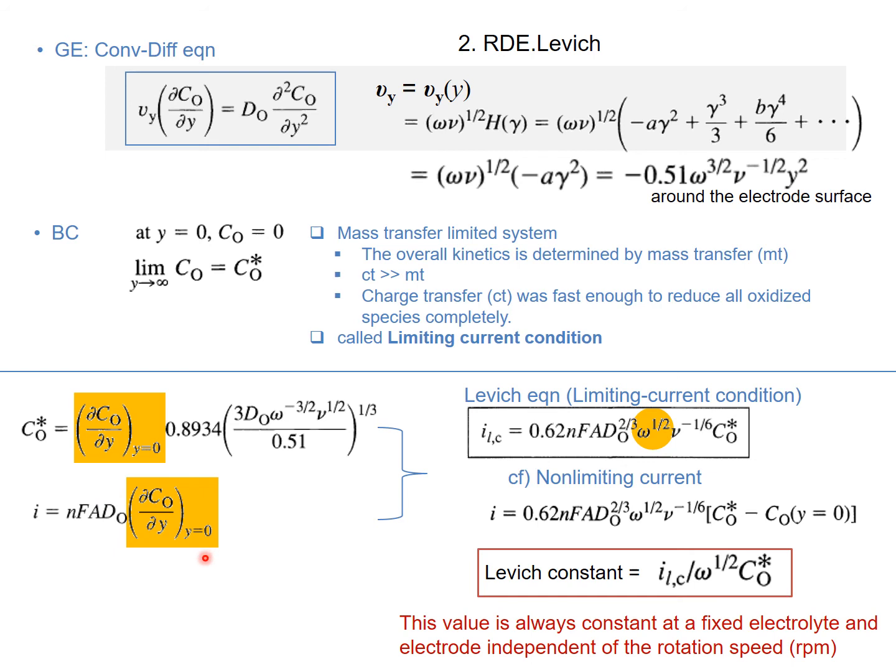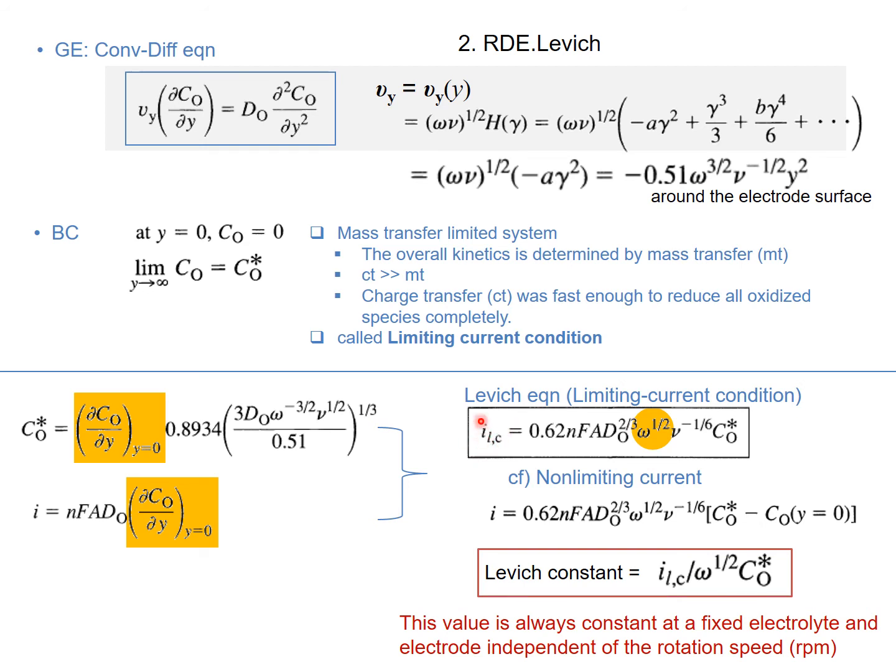Then by using this equation, we can describe the limiting current. I have said we are thinking about a mass transfer limited system, and at this condition, the current is the limiting current. Finally, we obtain the expression for the limiting current.